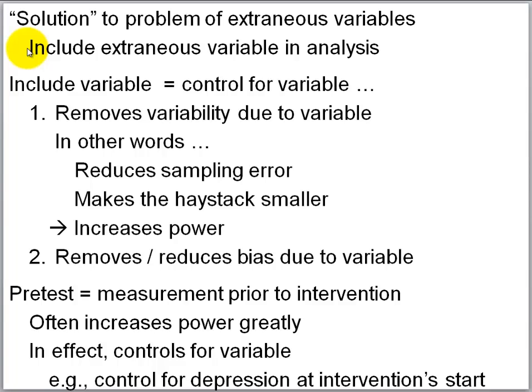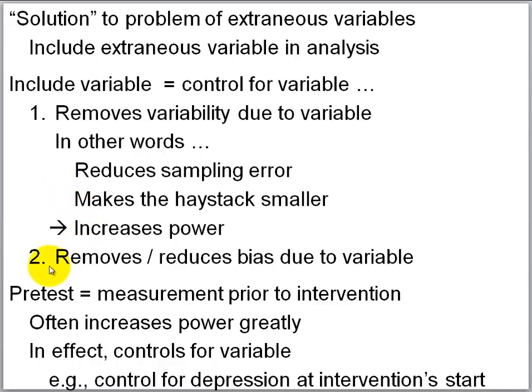In other words, when you include the extraneous variable in the analysis, you control for that variable. Actually that does two things. One thing is that it reduces sampling error. It takes out noise. It makes the haystack smaller. And by so doing, it increases power.